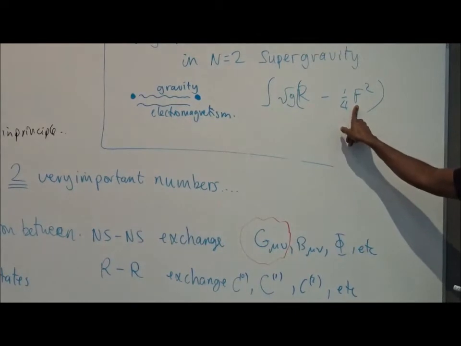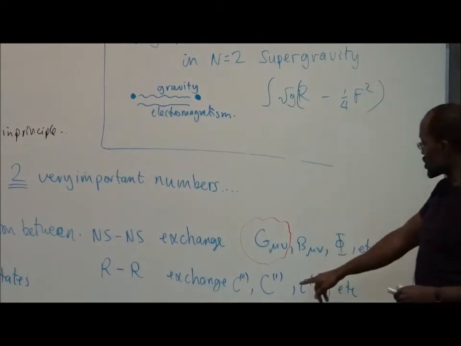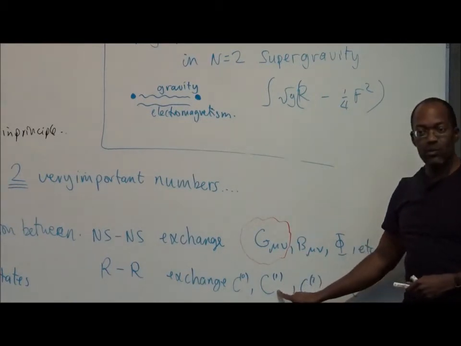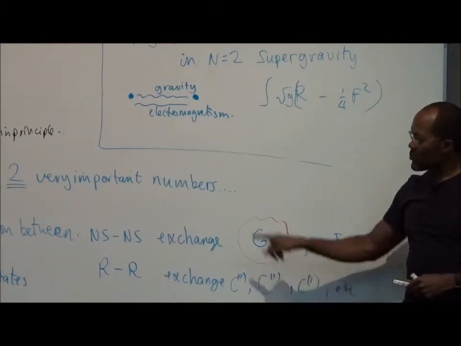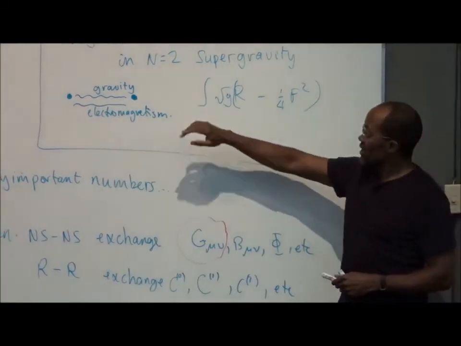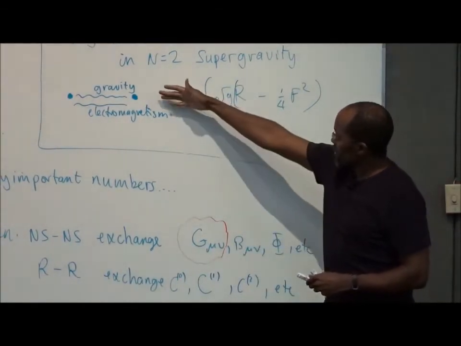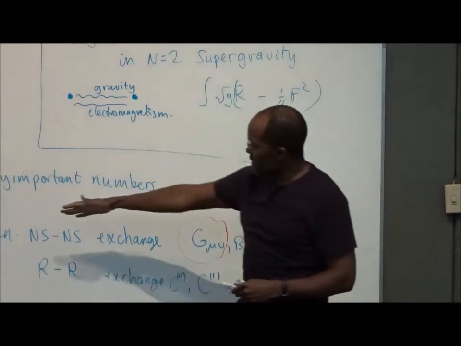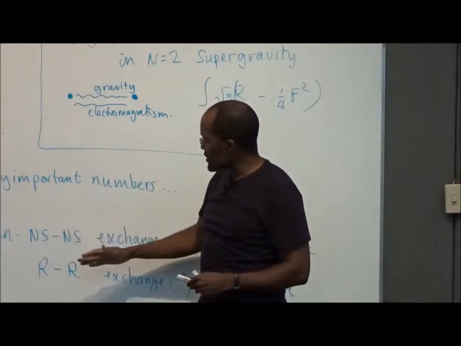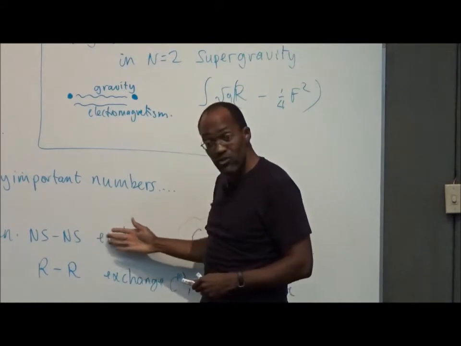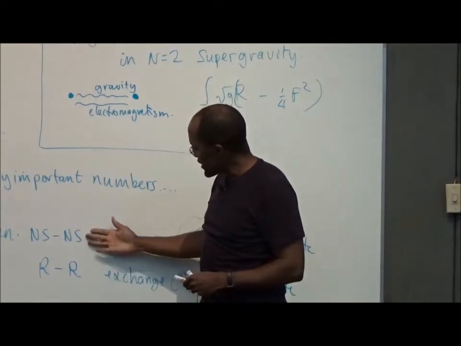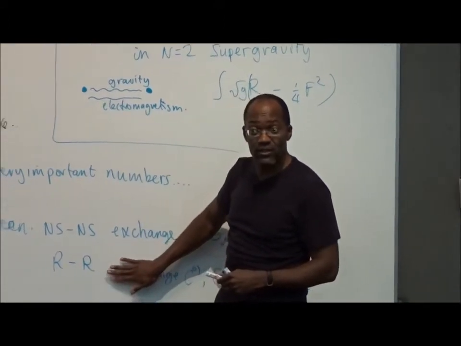This is precisely what we anticipated in this morning's lecture, that these are carrying Ramond-Ramond charges. So they're BPS states, and analogous to this, these are carrying some gauge charge. Gravity is cancelling electromagnetism. Here, we can look into the details of string theory and see that gravity from Neveu-Schwarz exchange is cancelling something from this sector.